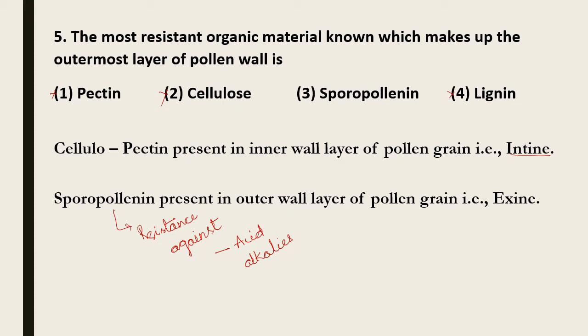So the most resistant organic material known which makes up the outermost layer of pollen wall: the outermost layer of pollen wall is exine, and it is made up of sporopollenin. Option 3 is correct.